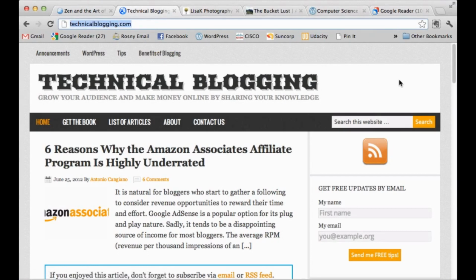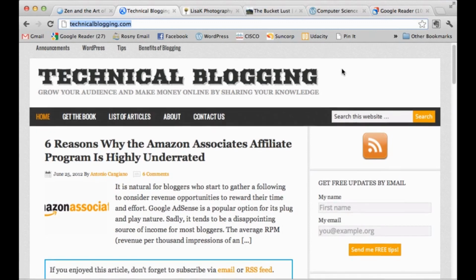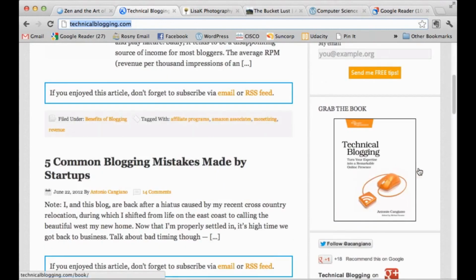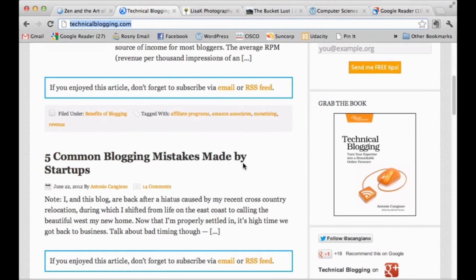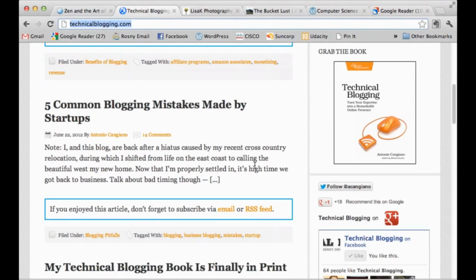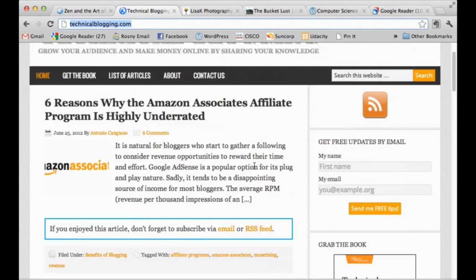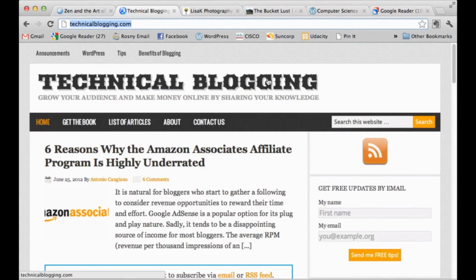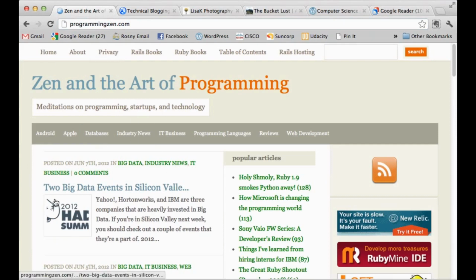Now this one happens to be the blog of the author of a book on technical blogging, and this is where he provides people good ideas about how to blog, how to set it up as a business, all the important things that you might need to know about blogging, particularly in terms of technical blogging. So that's usually in reference to people that are blogging about technical subjects such as programming. The author of this blog also happens to be the author of this Zen and the Art of Programming.